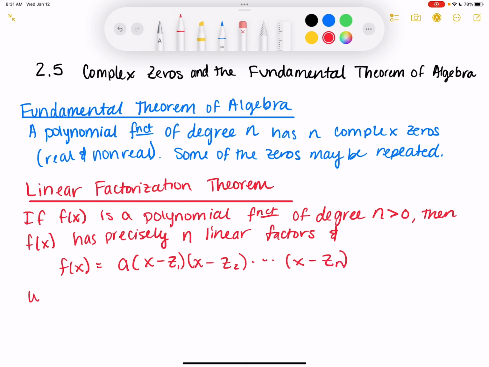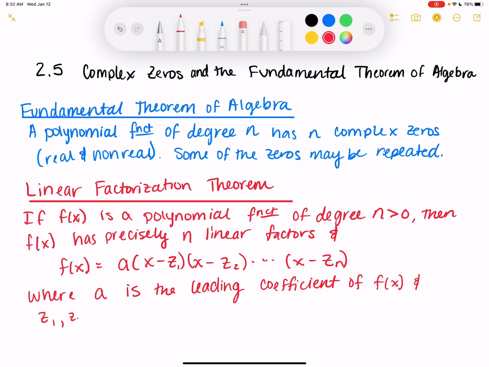where a is the leading coefficient of f of x and z1, z2, ... zn are the complex zeros of f of x.